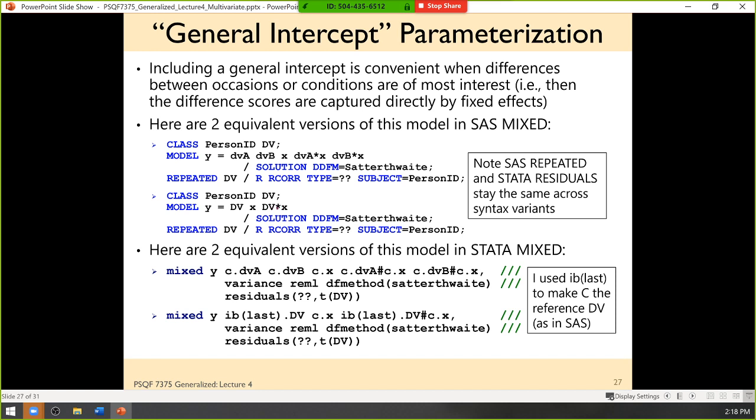I can type one thing, dv by x, and it puts in these 2 terms that are implied by it, the interaction of x with each of the dv's. And same thing here in Stata. If you use i. for dv, that's the analog of putting it on the class statement. Okay. With me so far?